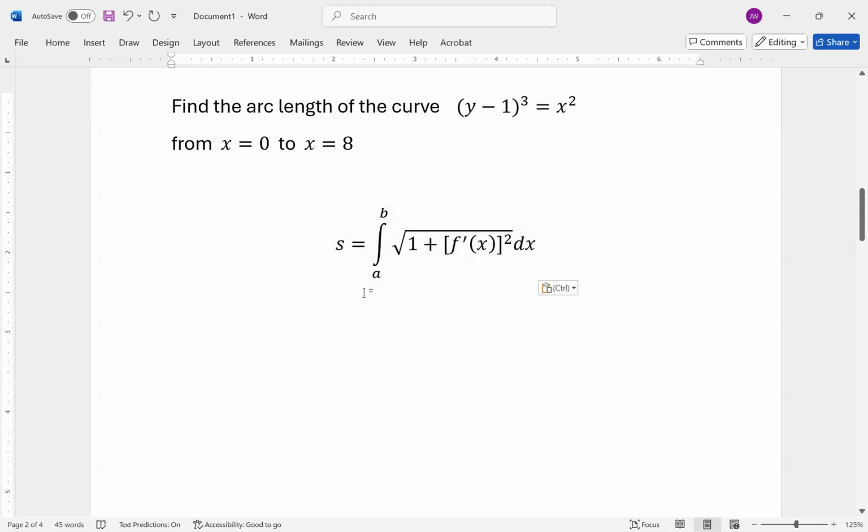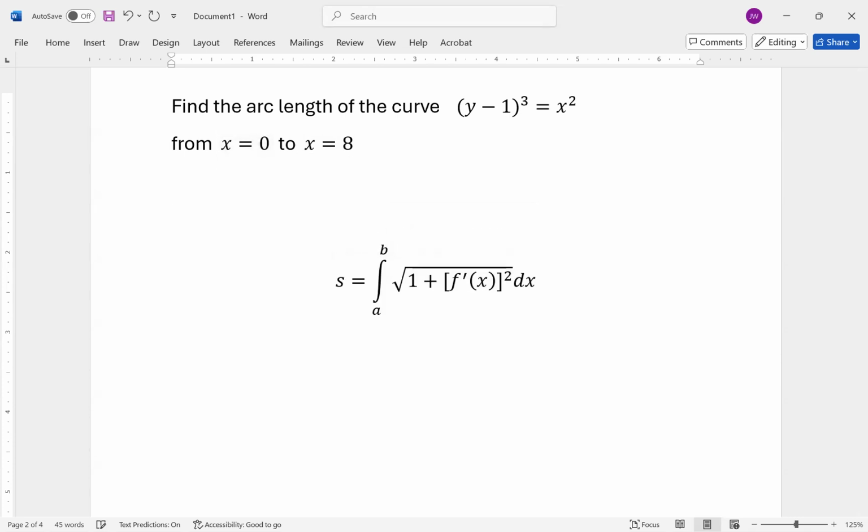Let's start out, since I have x bounds, x equals 0 to x equals 8, it's probably a little bit more natural to do your integration with respect to x, because our x bounds are given. But we'll do the other way as well.